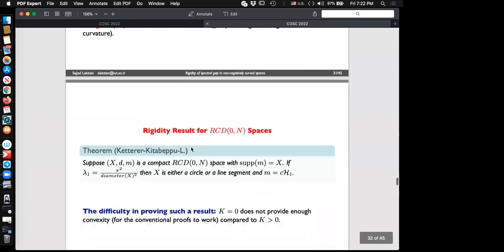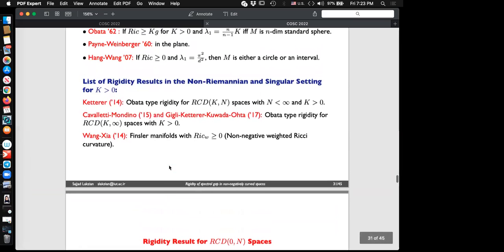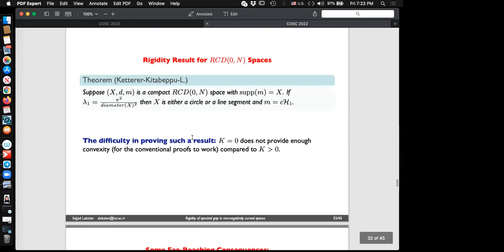I should say that we know this spectral comparison holds for RCD spaces due to Cavalletti-Mondino's work. So we know that the same bound, pi squared over d squared, is true for these spaces.